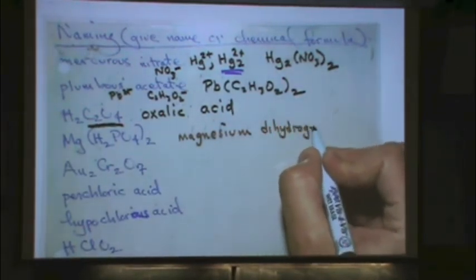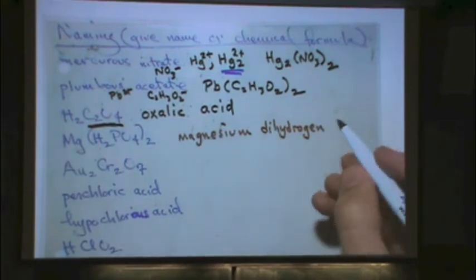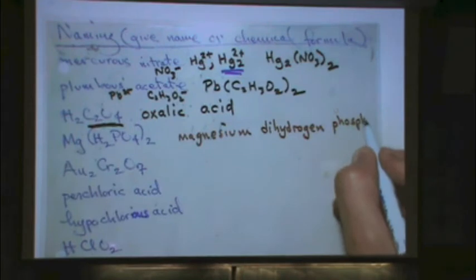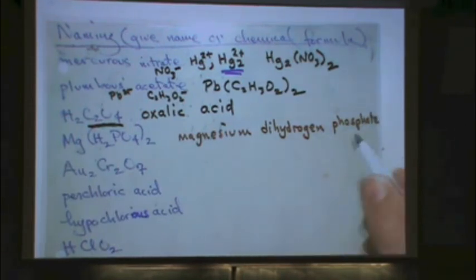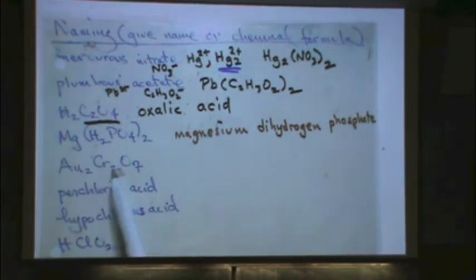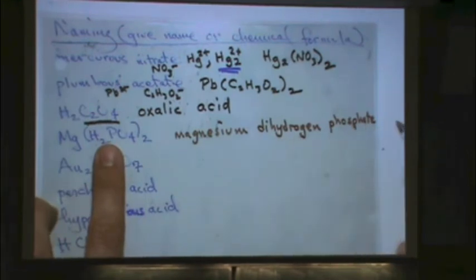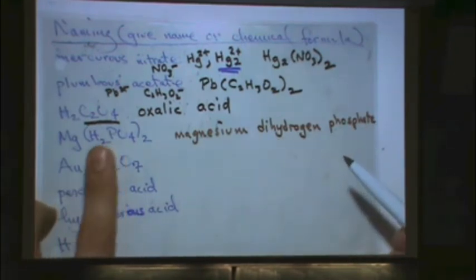It's one of those polyatomic anions you need to know, dihydrogen phosphate. So because this is ionic, ternary, it's each name as is. I don't have to add any special suffixes. It's just that I wanted to add this one in here so you could see how it was named. It's called dihydrogen phosphate.